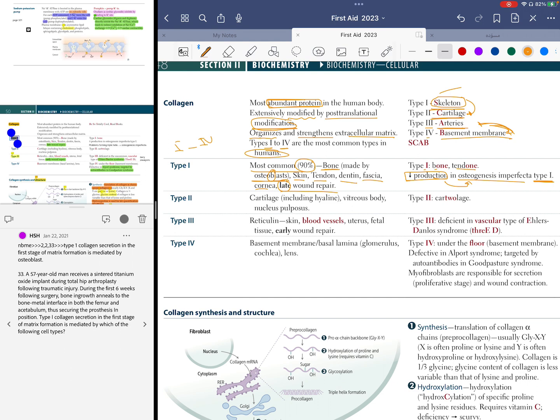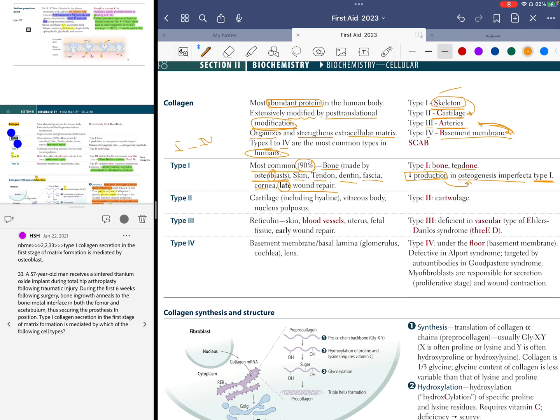A 57-year-old man receives a sintered titanium oxide implant during total hip arthroplasty following traumatic injury. During the first 6 weeks following surgery, bone ingrowth anneals to the bone-metal interface in both the femur and the acetabulum, thus securing the prosthesis in position.